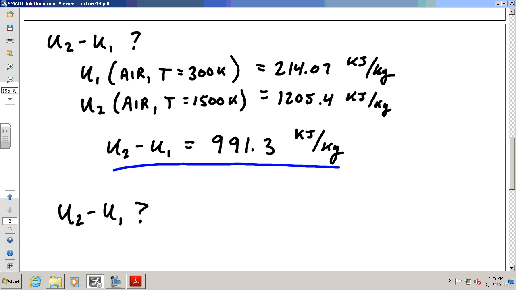But it's going to be critically important in a lot of applications. Anybody? It's two words. The second word is heat. Specific heat. Yes. We can get U2 minus U1 using specific heats.